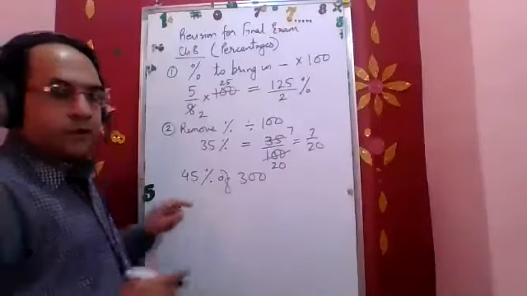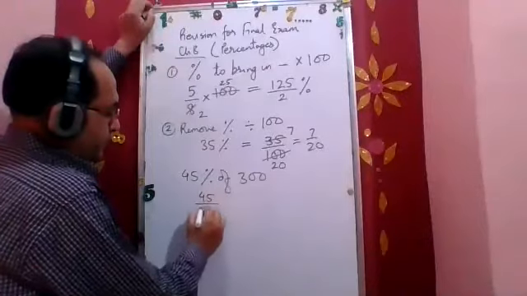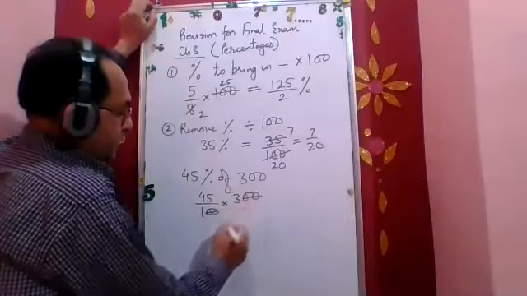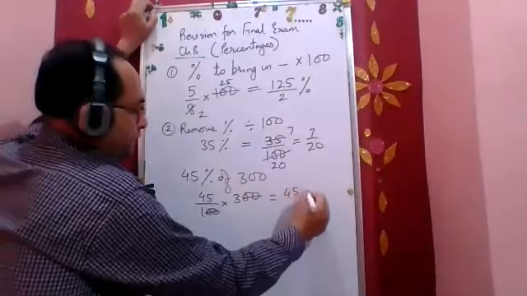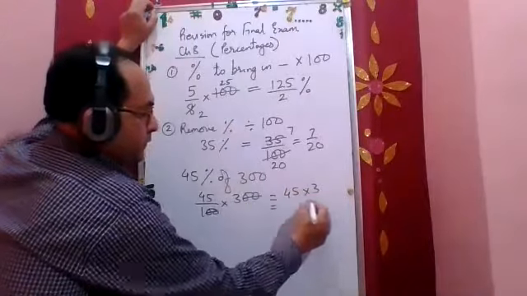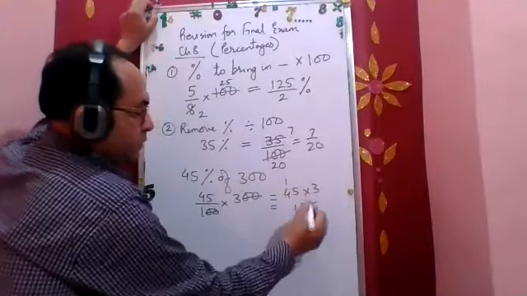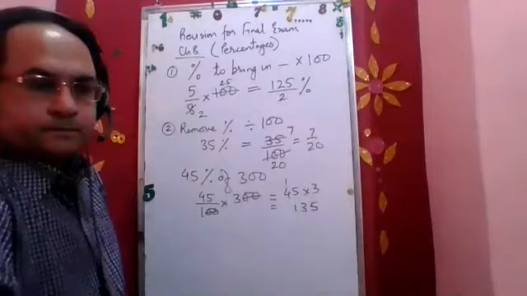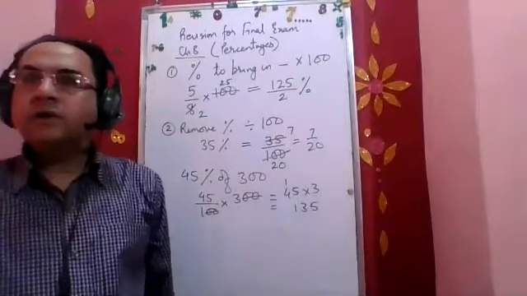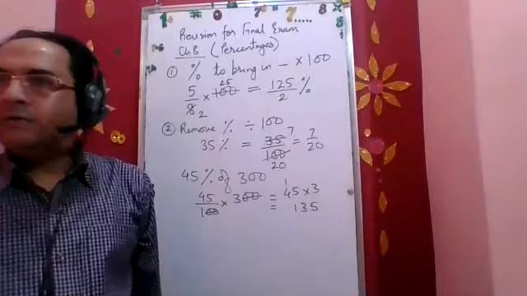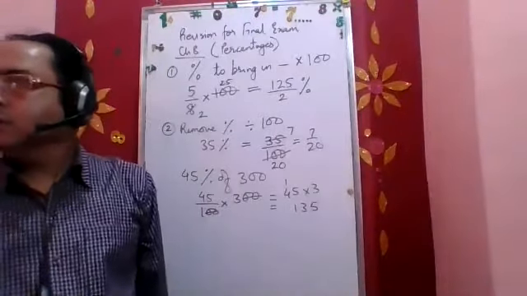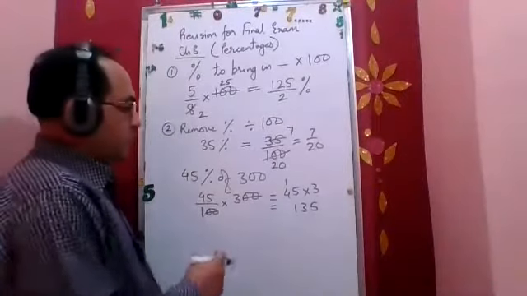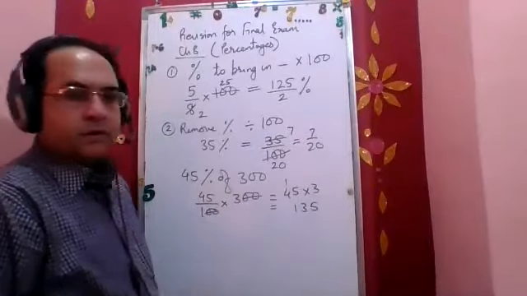So 45% of 300 would be 45 upon 100 multiplied by 300. Then the zeros are cancelled, and 45 into 3 would be 135.